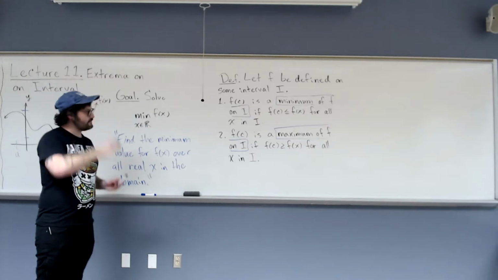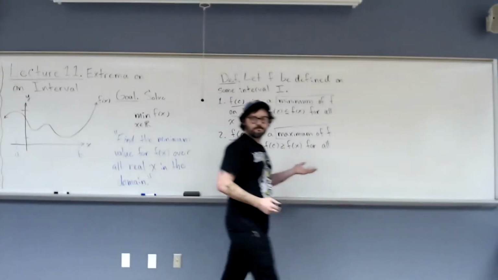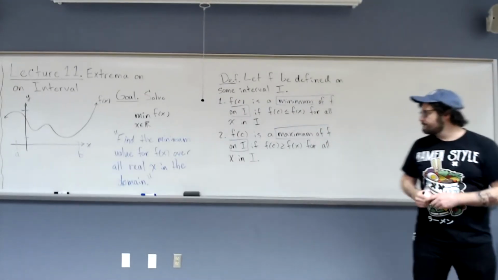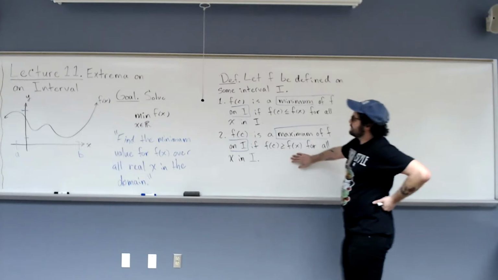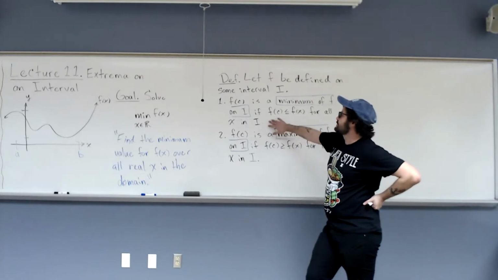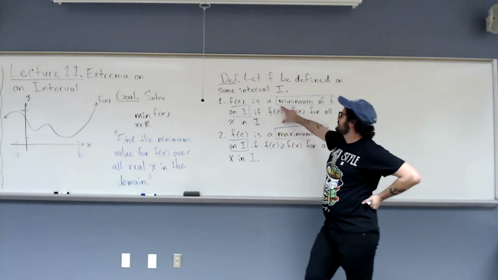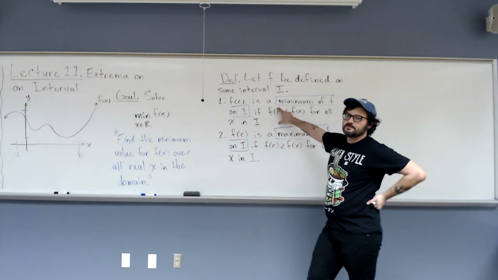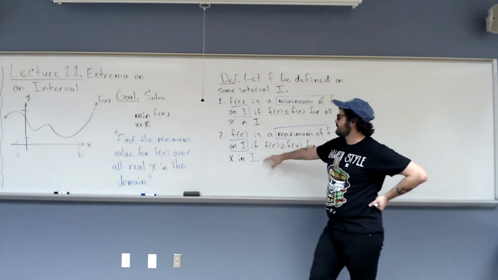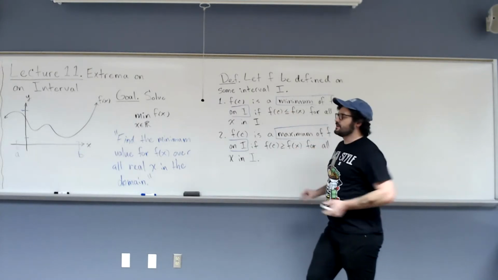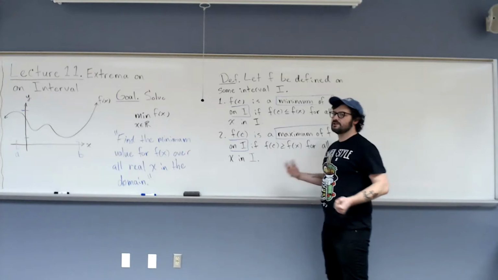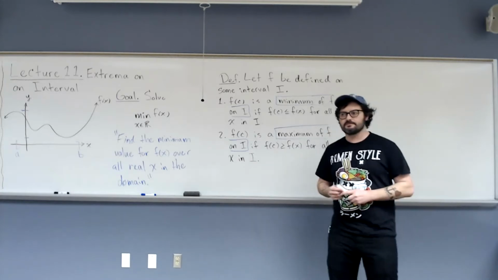Now, this is on a given interval, right? So if there exists an interval I where there's a minimum, if there exists an interval I where there's a maximum, then we would say that these are local minimum and maximum for the entire function.